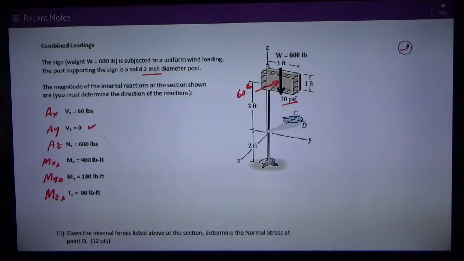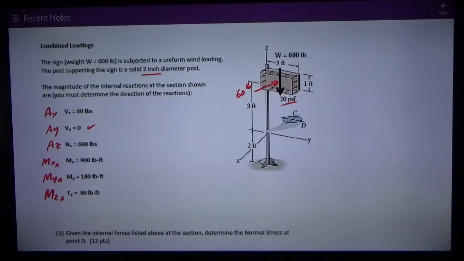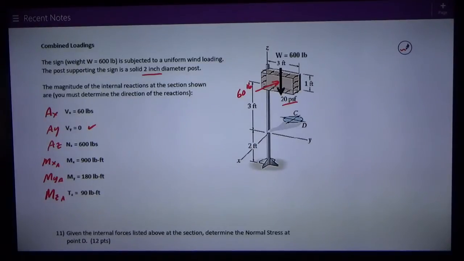Then we have these 3 moments, 2 of which we think of as bending moments, 1 of which is torsion. MX is the moment about the x-axis, which is this axis right here, and it is caused by the weight of the sign, 600 pounds times 1.5 feet away. We have a moment about the y-axis, which is this axis here, through the cross-section.